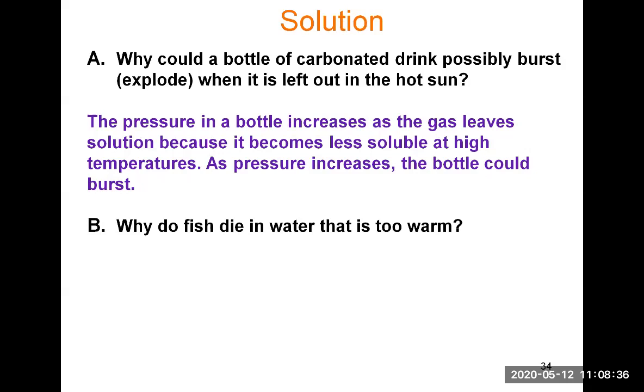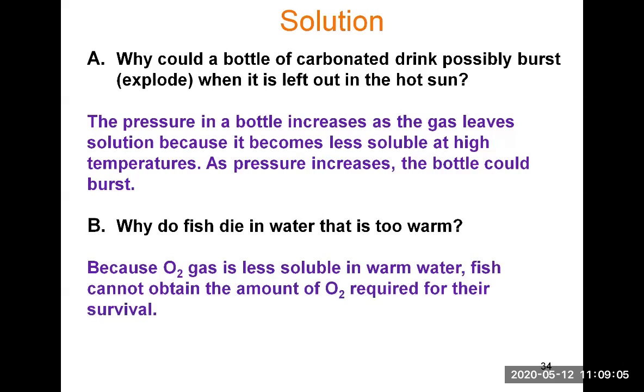And fish need to breathe oxygen just like us, except they take the oxygen that is dissolved in water. If the temperature increases, the solubility of oxygen in water decreases. And so that means there is less oxygen available for fish.